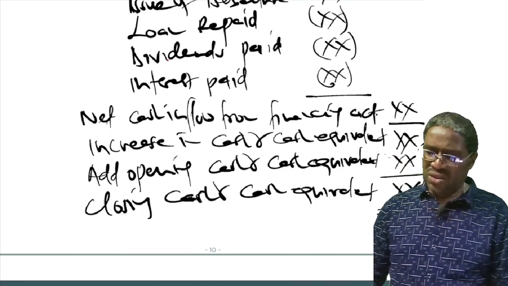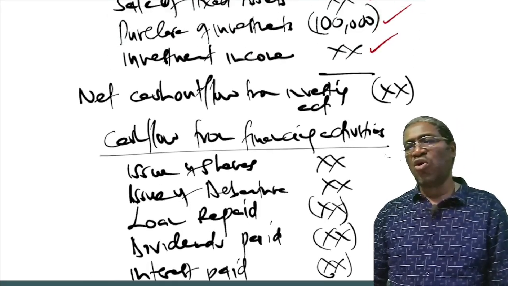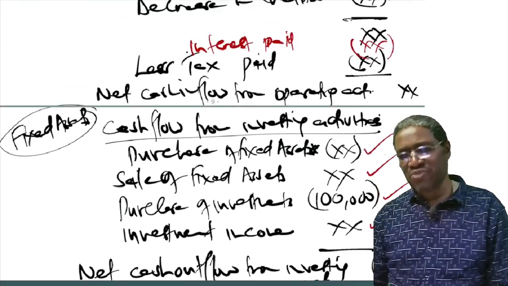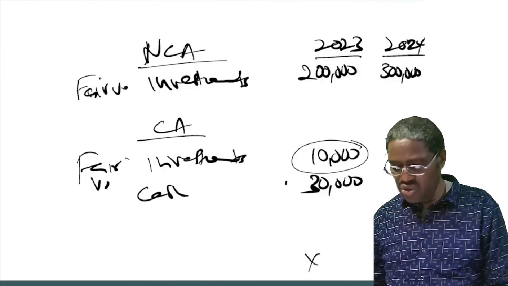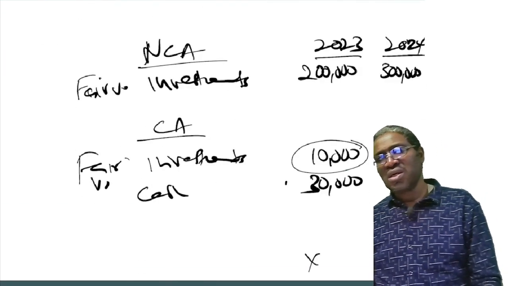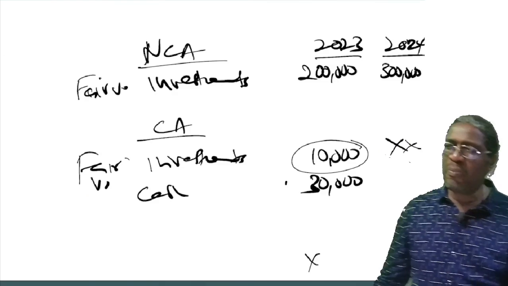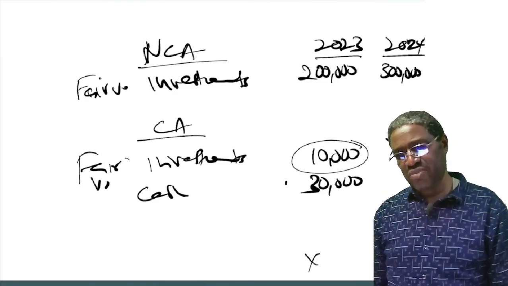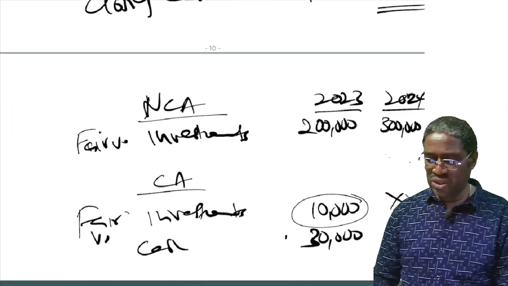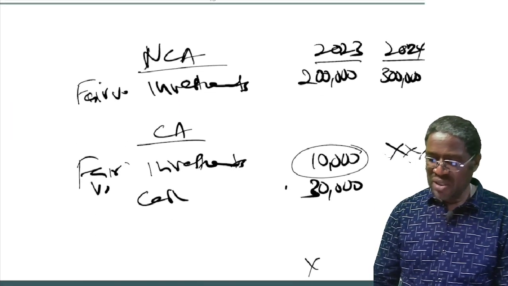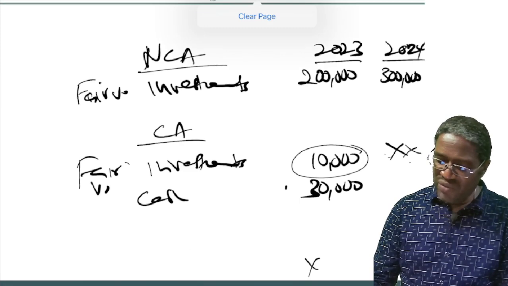this is one format of presenting a cash flow statement. Just want to remind you, you also remember that there are two methods of presenting a cash flow statement. One of them is the one we have already dealt with.